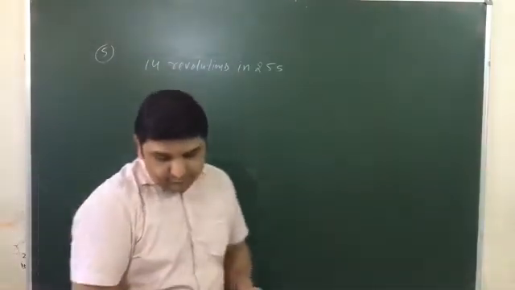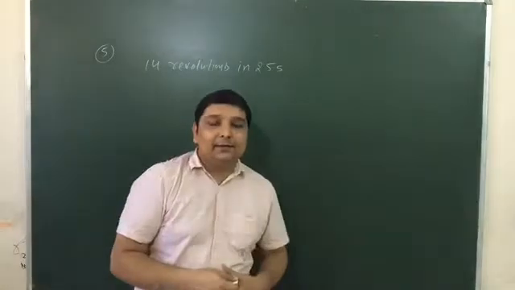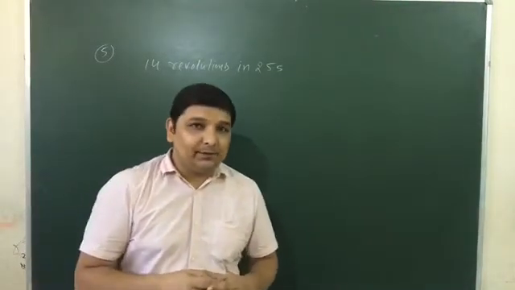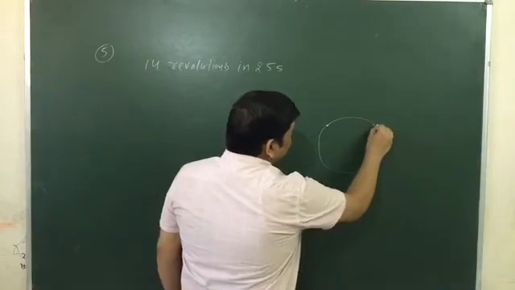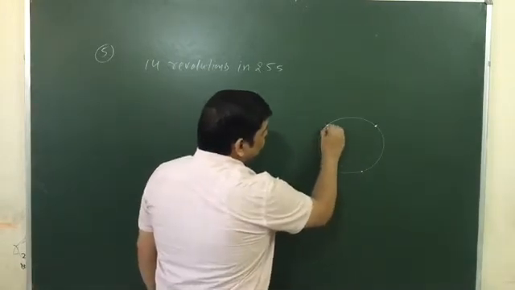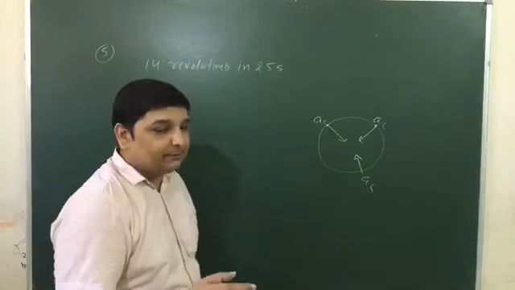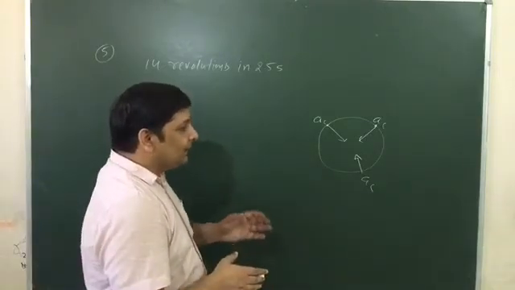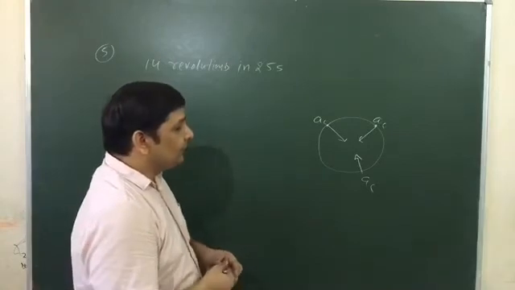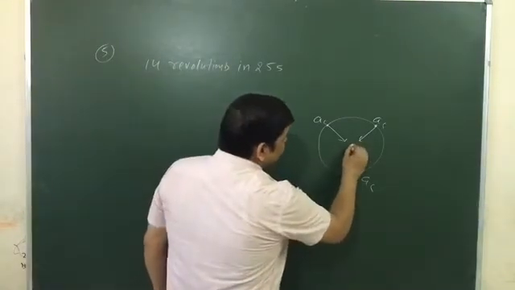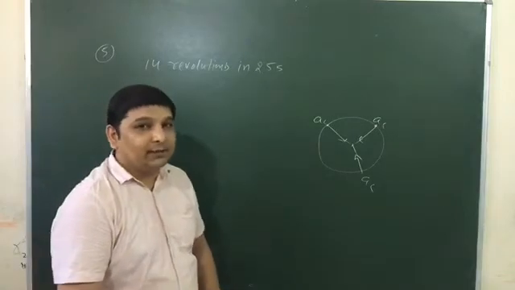When an object is moving in a circular path, at any point, the direction of centripetal acceleration is directed towards the center of the circular path and is along the radius of the circular path.